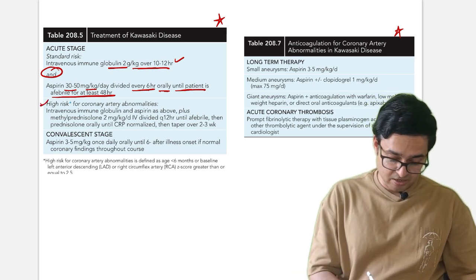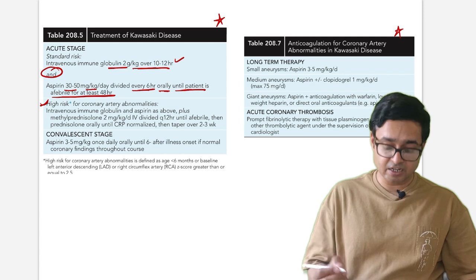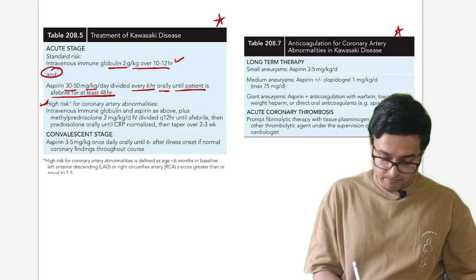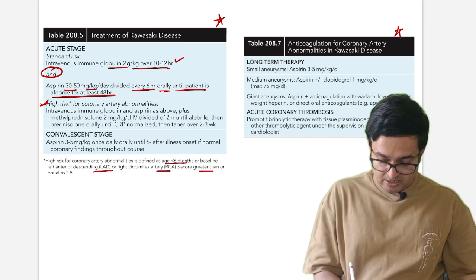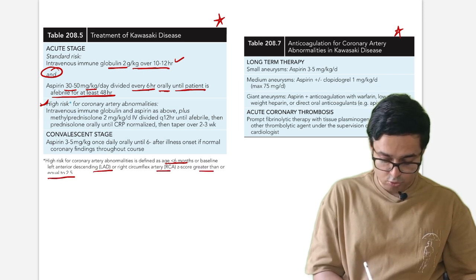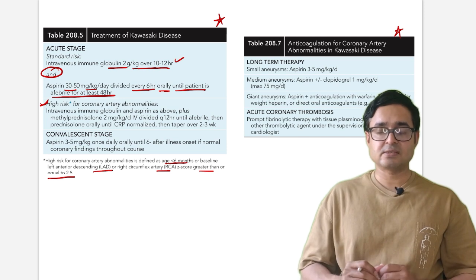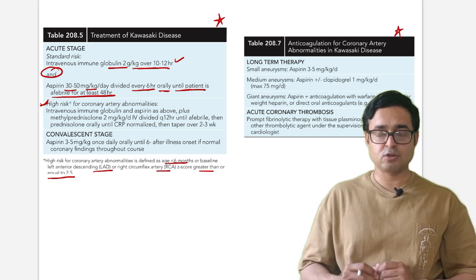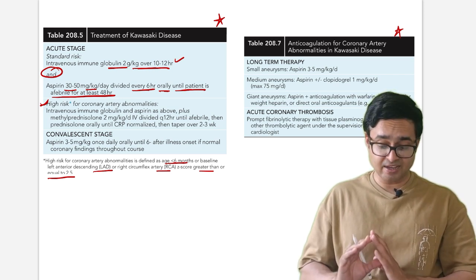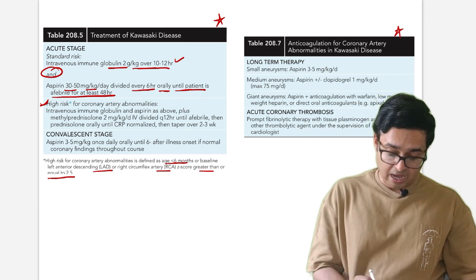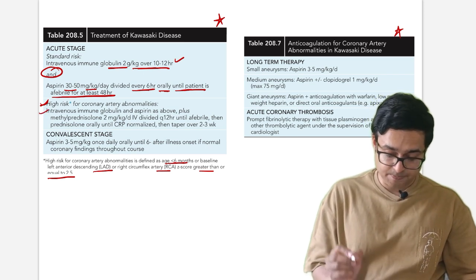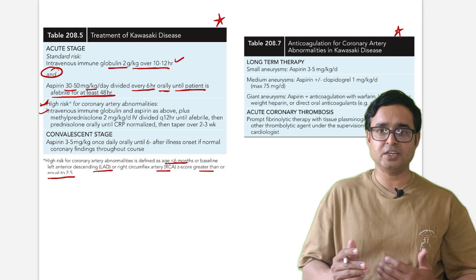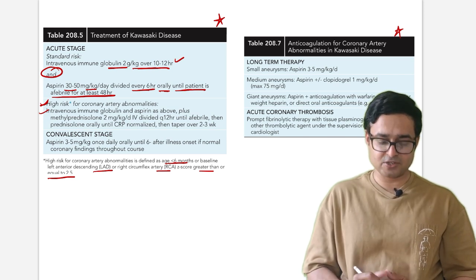High risk. If the patient is high risk, how will you identify it? Just see if age is less than 6 months or baseline LAD or RCA Z score is more than 2.5. So if age is less than 6 months or Z score is more than 2.5, this is a high risk case. What do you have to give? IVIG plus methylprednisolone, the hero of this discussion.